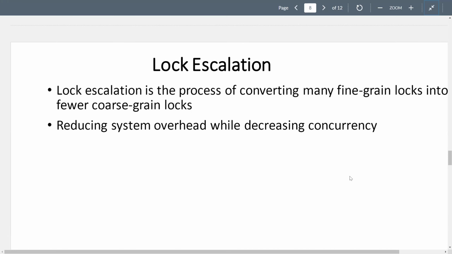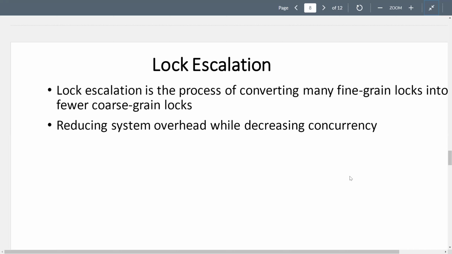Lock escalation. Okay, so meaning you have small lock granularities, but the overhead has become so high, and the database management system is hard to keep up with the overhead. The performance has degraded. Then the database management system will escalate the lock, meaning it will go with a larger lock granularity.